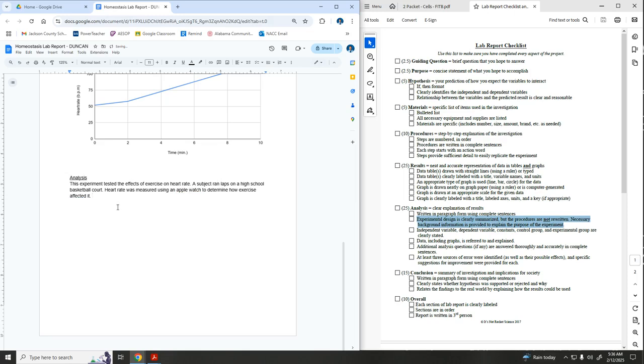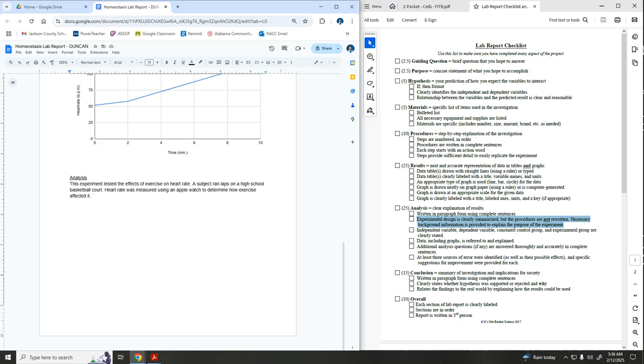Okay, so once again, experimental design is clearly summarized, but the procedures were not rewritten. I just told what we did. Subject ran laps on a high school basketball court. Heart rate was measured using an Apple Watch to determine how exercise affected it. Notice I'm past tense. I'm also third person. No I, we, me, you, they.